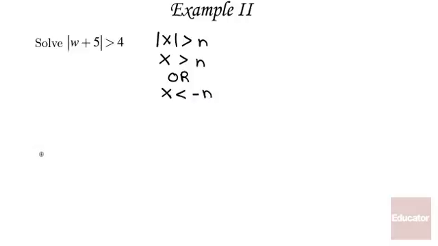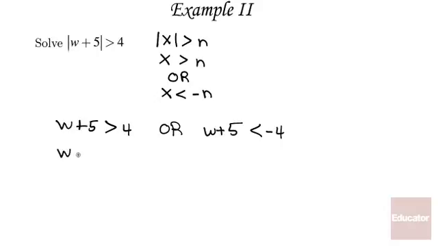Those are going to be my two related inequalities. So for this inequality, I get w plus 5 is greater than 4, or w plus 5 is less than negative 4. Now it's very simple to solve. Subtract 5 from both sides, which gives you w is greater than negative 1, or w is less than negative 9. Representing this on the number line.